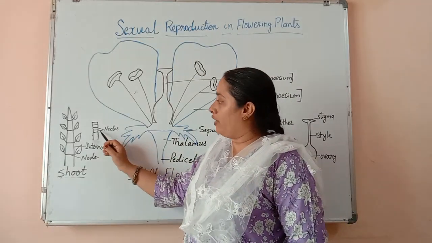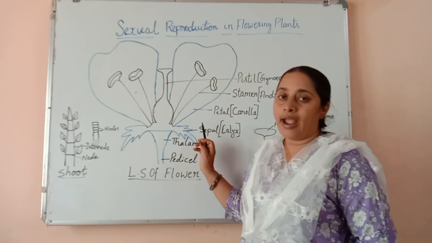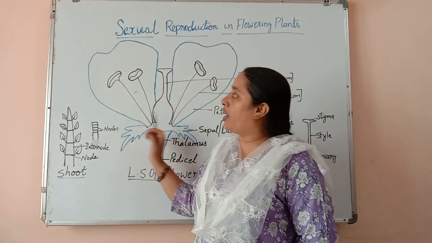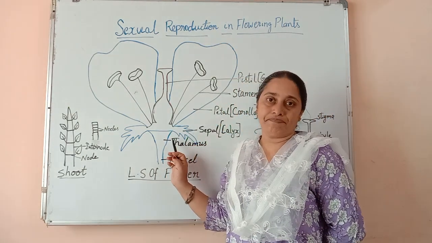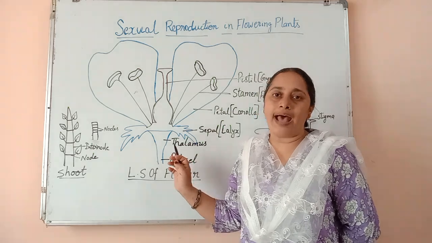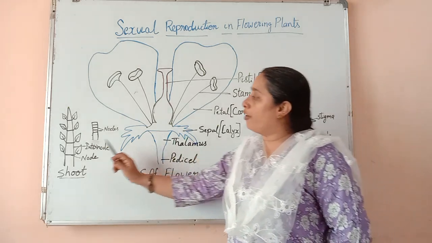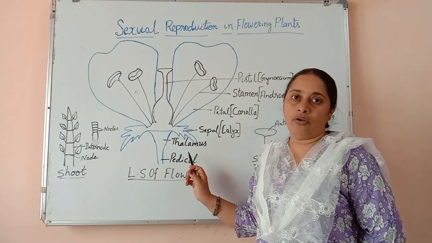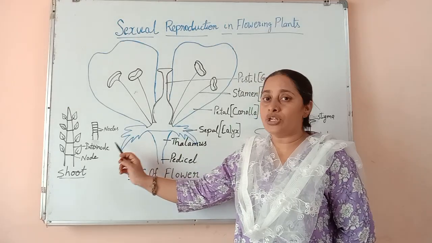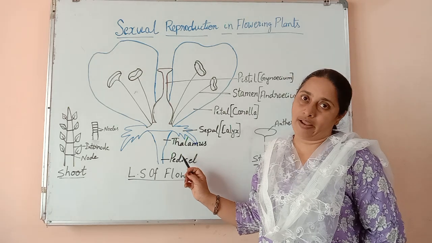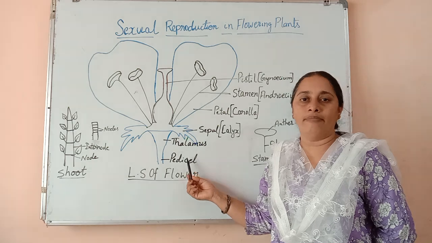Every whorl of leaf, instead of leaves, has produced modified organs, and they ultimately together make a fascinating, beautiful organ of the plant body called flower. That is why we say flower is a modified shoot system. From shoot system it has been modified or changed to become a beautiful flower, and it is the reproductive part of the plant body.